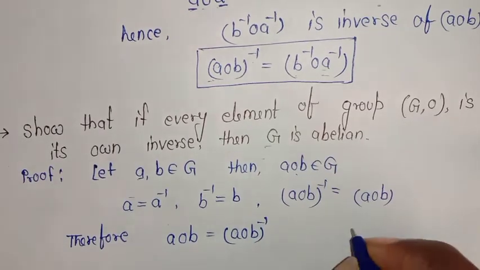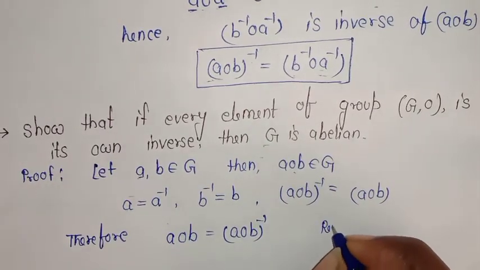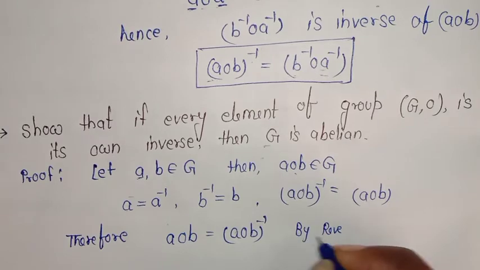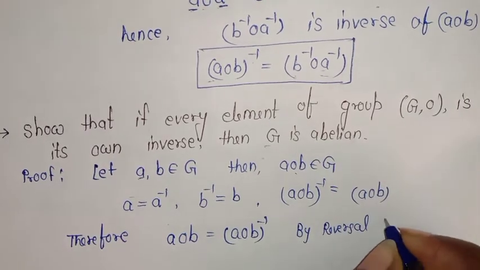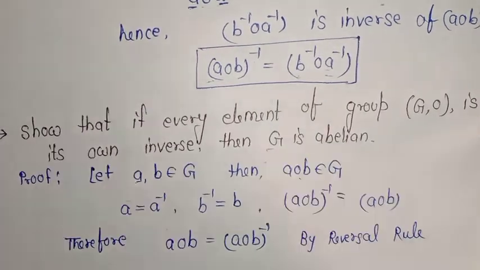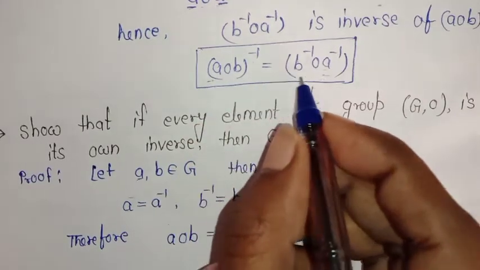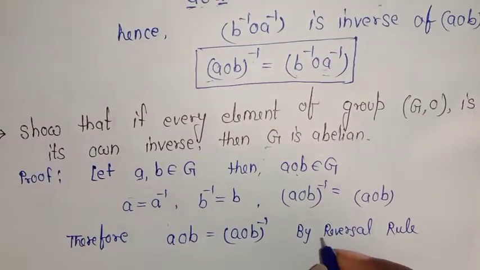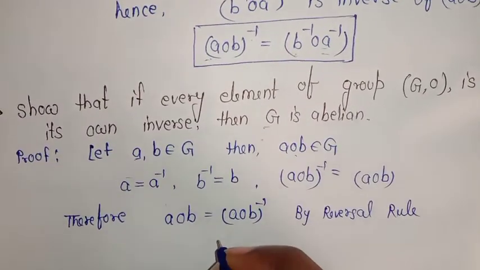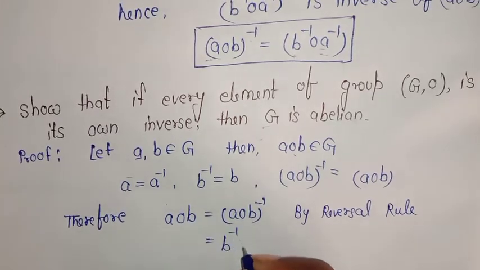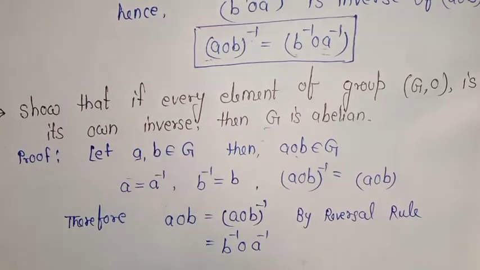I told you about the reversal rule, that says that by reversal rule, you can write (A operation B) inverse as B inverse operation A inverse. So I am writing it here directly, B inverse operation A inverse.